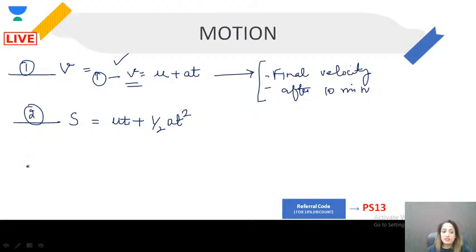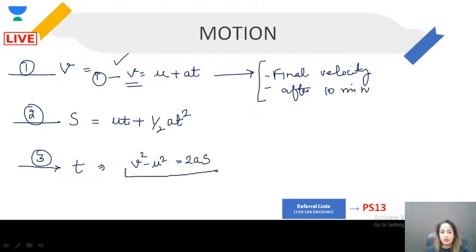Third, when it says this is the final velocity, this is the initial velocity, in how much time will the object cover a distance of 10 meters, if it is asking for the time, then you will use V square minus U square is equal to 2AS. From here you calculate the final velocity, initial velocity, distance and acceleration, and then you can find the time easily.